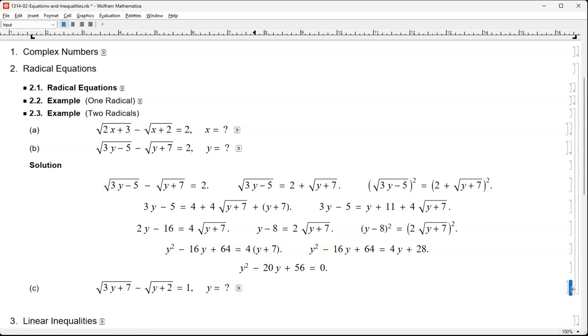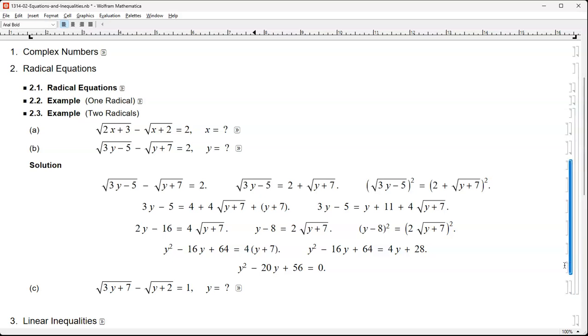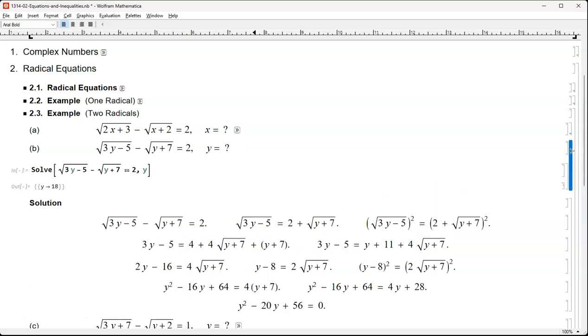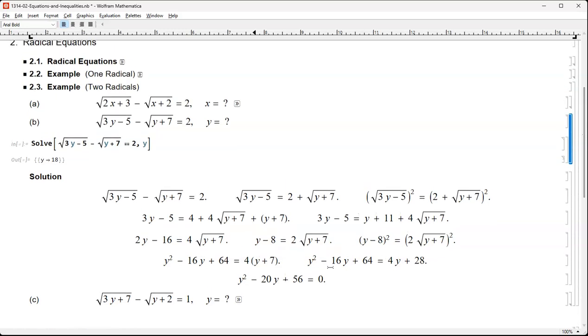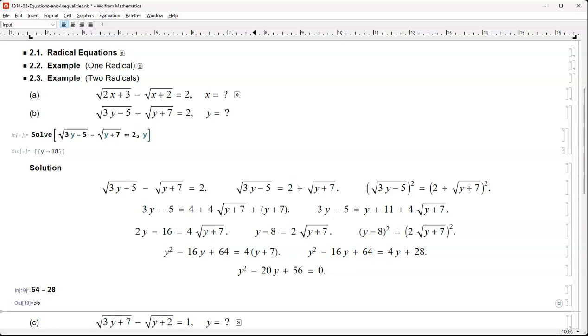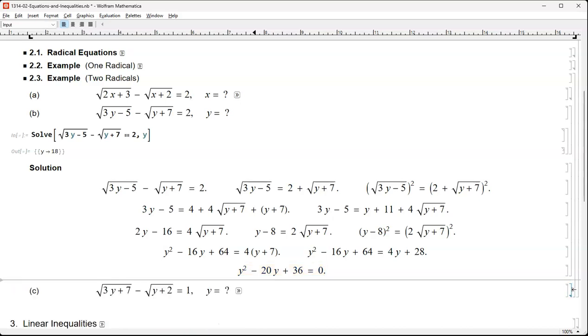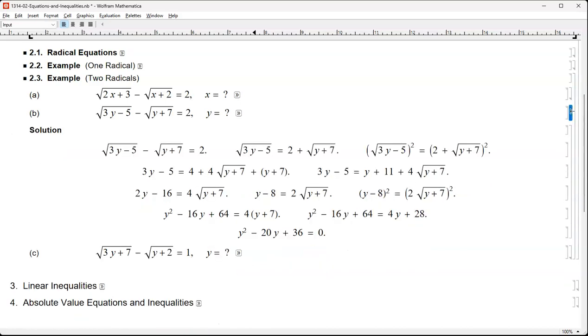That's quite annoying. It's quite likely that I made some computation mistake somewhere. It shouldn't be this hard. It says 18. What mistake did I make? 64 minus 28 is 36, not 56. That's why. Okay, alright. So now this looks much easier to factor.